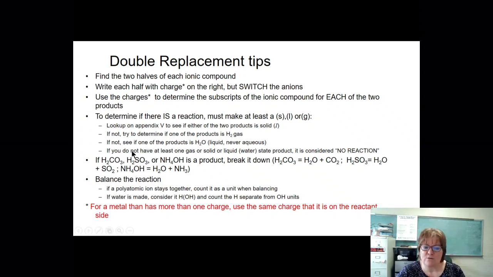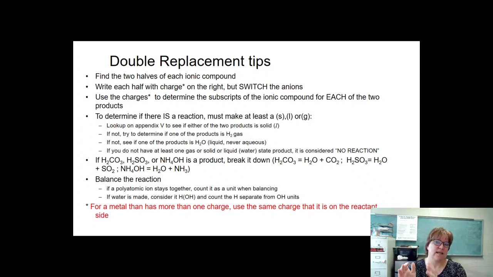Again, watch for those unstable products. If you make one of those, you're going to break it down further into water plus whatever's left as a gas, and balance the reaction. A lot of times you're going to see polyatomic ions as the anion that's switching. If so, you can treat it as an element. It's a little bit simpler to balance.